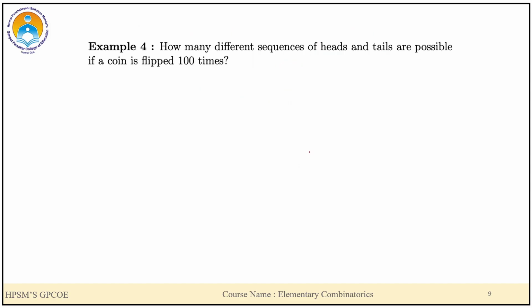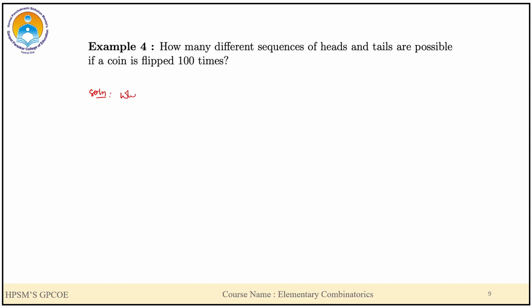Now let us look at the next example. How many different sequences of heads and tails are possible if a coin is flipped 100 times? Okay, so let us say when we flip a coin one time, we have total number of possibilities as head and tail. So the total number of possibilities will be equal to 2, right?